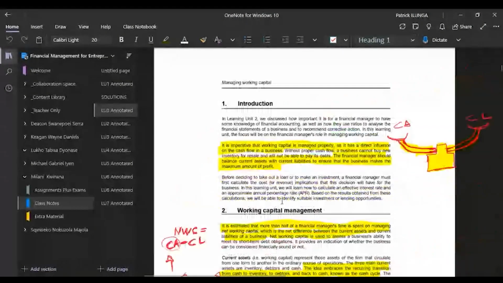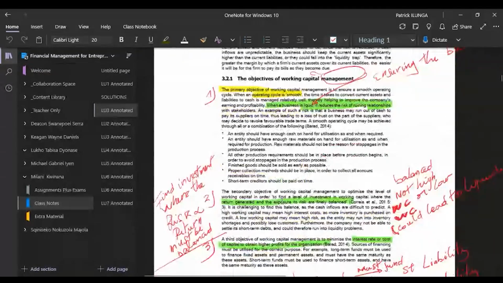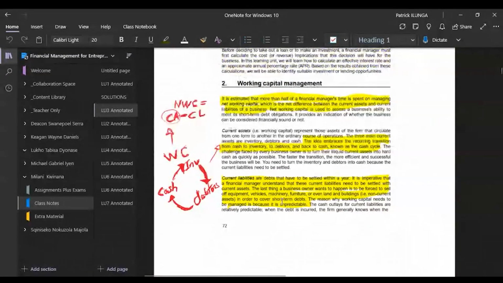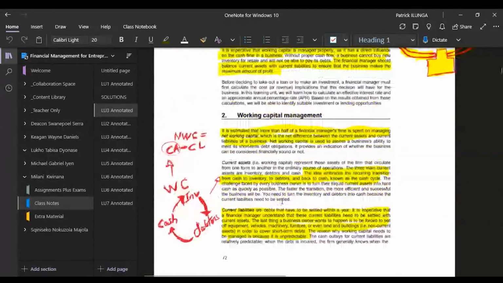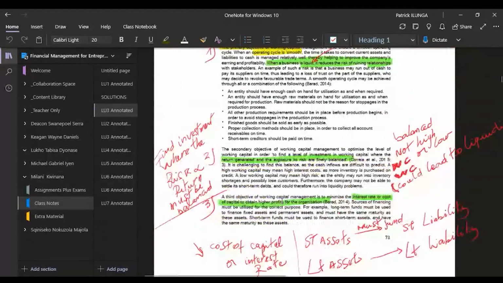You say that it is in section 3.2, learning unit 3, right? Yes, question 3.1. How to calculate the 2 different scenarios.